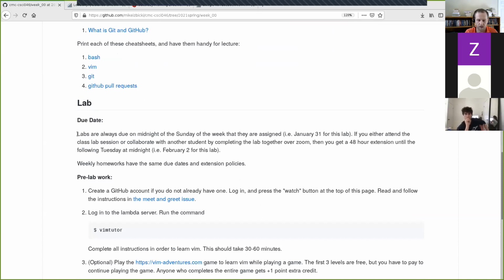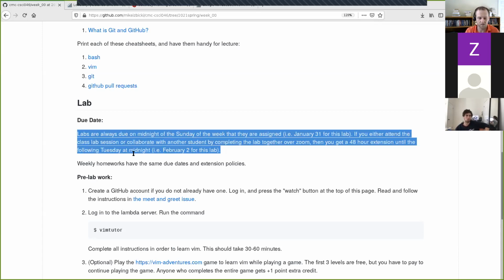There is one caveat to both of those things, though: if you attend the class lab session, or if you're unable to do that but you collaborate with another student in any way, then you get a 48-hour extension on both the lab and the homework assignment. So I really want to encourage you all to collaborate with each other, whether that's in the lab sessions or on your own. Please do that, and you'll get those extensions for doing that.